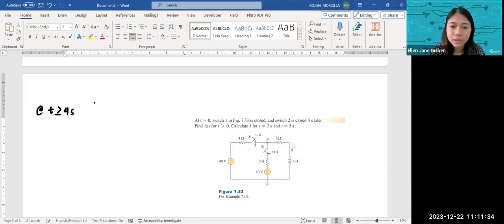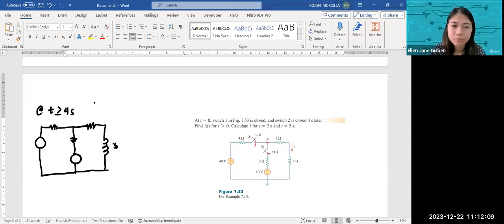So now we have the 10 volts added into our circuit. Forty volts, 10 volts, 2, 4, 6, and 5 henry.